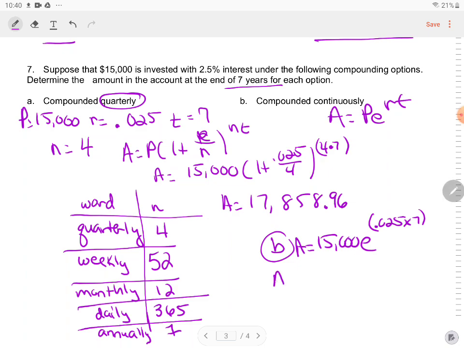And you get A equals 17,868.69. And the compounded continuous should always give you the most money. Okay. So again, I need you to learn the numbers for n depending on the English word that we use.